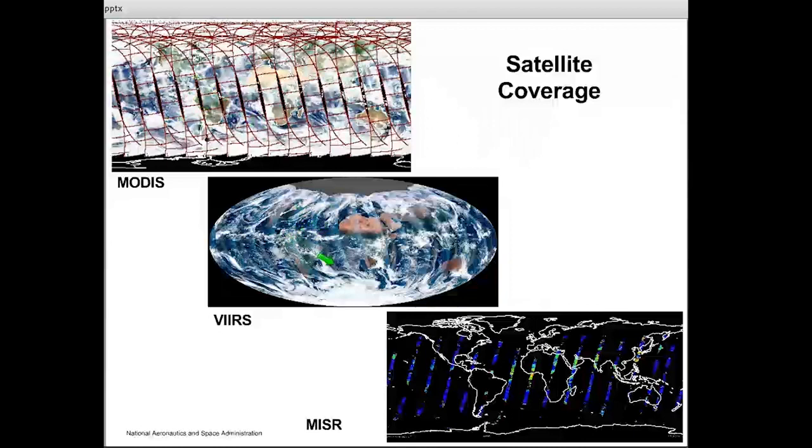Then when you go to VIIRS, which has a wider swath, 3000 kilometers as compared to 2300 kilometers for MODIS, you see there are no gaps in the data. All the daytime area over the entire globe is covered by VIIRS in 1 day. So VIIRS has much more coverage than MODIS.